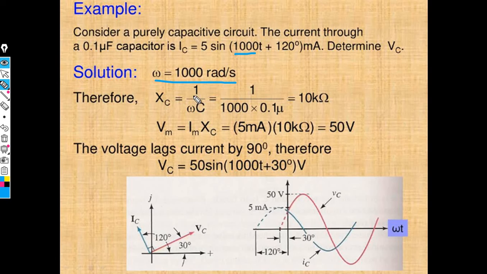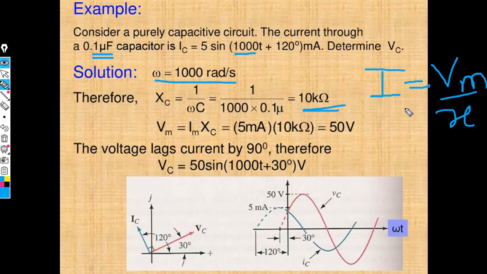The capacitive reactance formula is Xc is equal to 1 upon omega C. Put omega equal to 1000 and the capacitor value of 0.1 microfarad, then we obtain the Xc value of 100 kilo ohm. Here I is equal to V by X; this is the formula of current. But here we need the maximum voltage, that is Vm, Im and Xc.